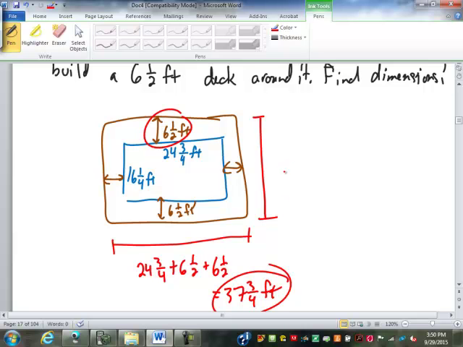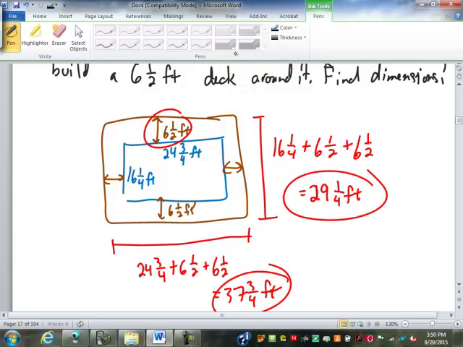Going the other way, this is going to be the 16 1/4 plus 6 1/2 plus another 6 1/2, or 29 1/4 feet. Not so terrible. Drawing the pictures helps out a lot. In fact, the next example I'm going to do, a picture is almost vital. It'd be really tough to do it without a picture.